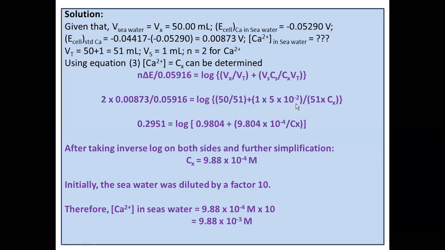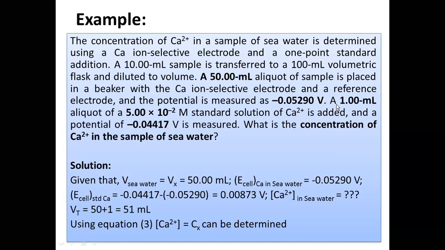Then, after the measurement, 1 ml of the standard containing calcium was added. Its concentration is 0.05 molar. After the addition of the standard calcium to the sample, EMF was measured again, that is minus 0.04417 volts. What is the concentration of calcium in the seawater?